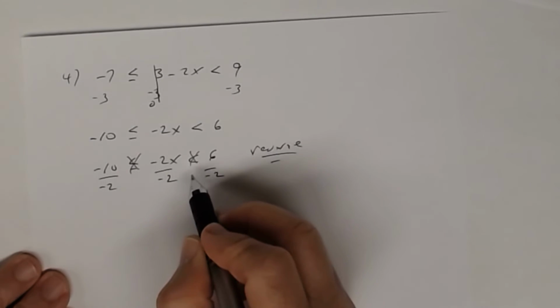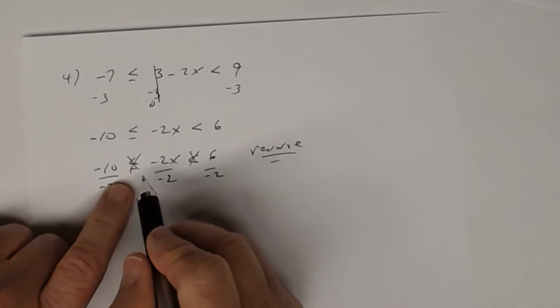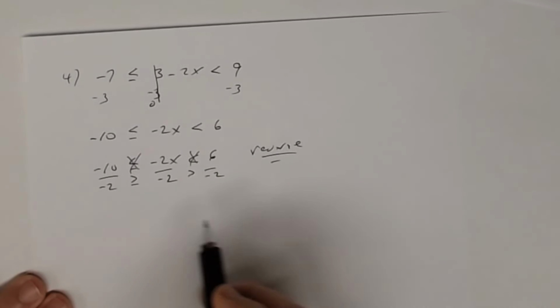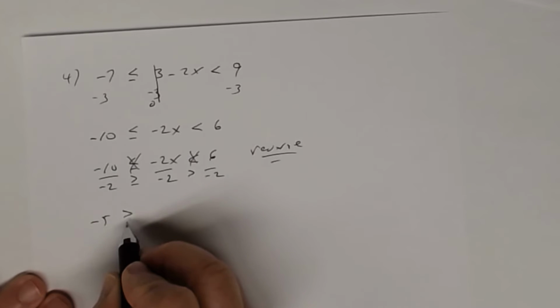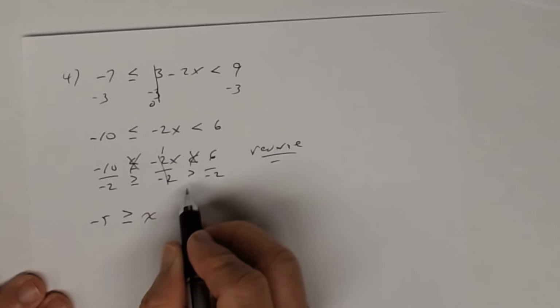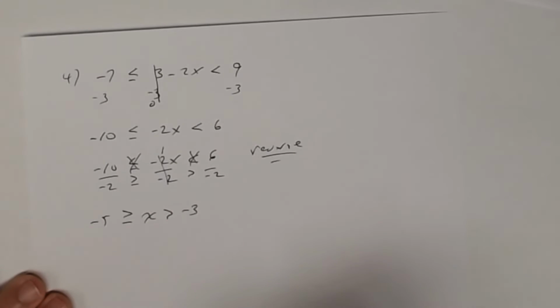So these two symbols I'm crossing out, since I'm dividing by a negative number, I now have to reverse those. So it'll be greater than or equal to, and then greater than. And so now I get -10 divided by -2 is a -5, is greater than or equal to -2 divided by -2 is 1. 1 times x is x, and that's going to be greater than, and then 6 divided by -2 is a -3.